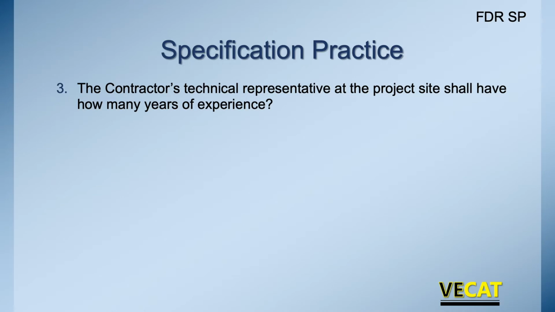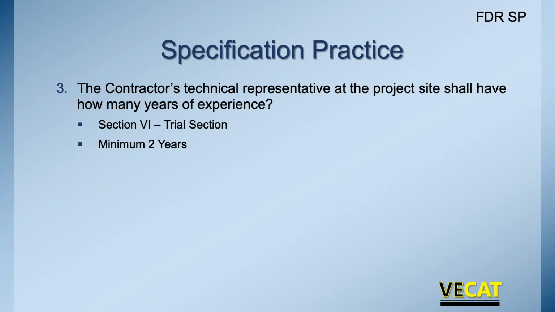Contractor's technical representative at the project site shall have how many years of experience? Remember we said by spec now you have to have a credential, you have to be an FDR technician. But for the contractor, especially if they're early on into this, they're going to have another technical representative on site for that trial section that has a minimum of 2 years experience. When's this necessary? To go out there, we have some issues.